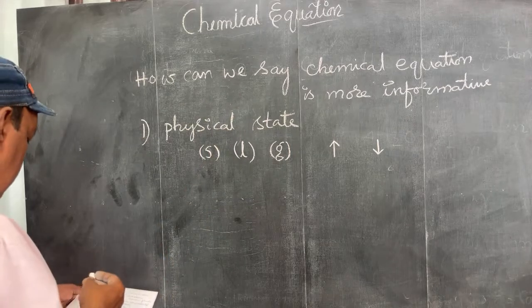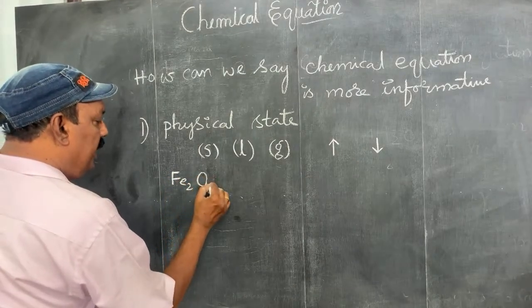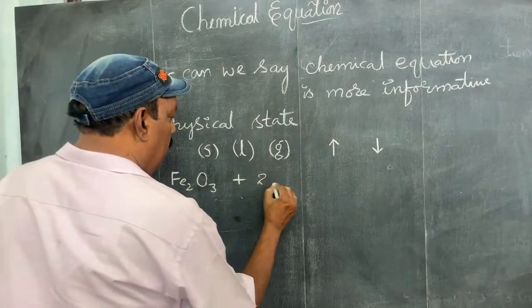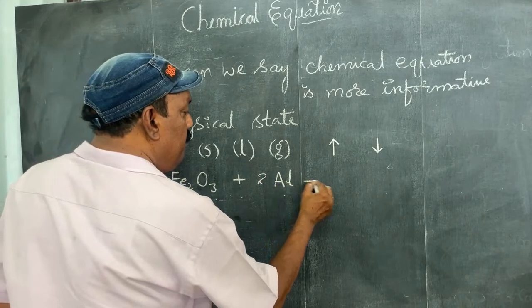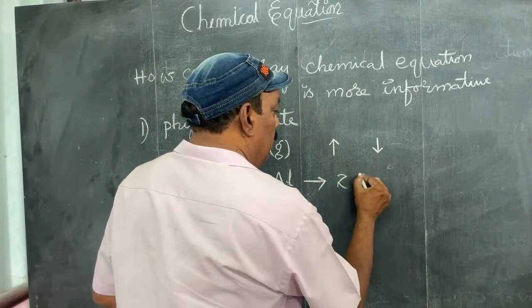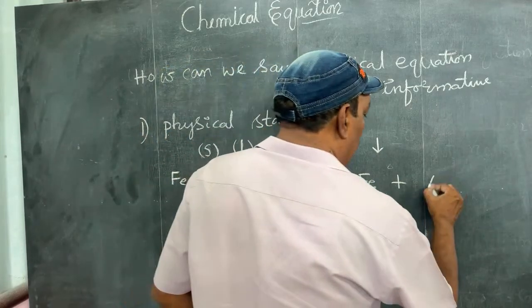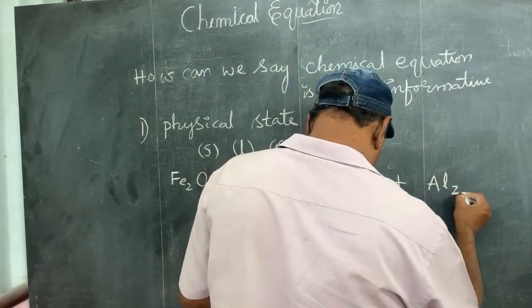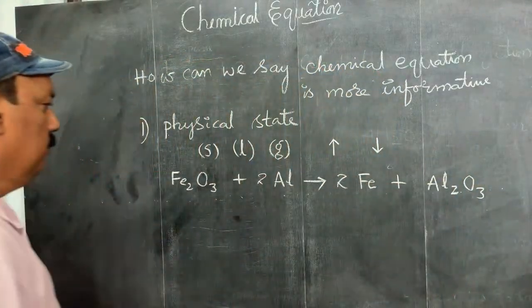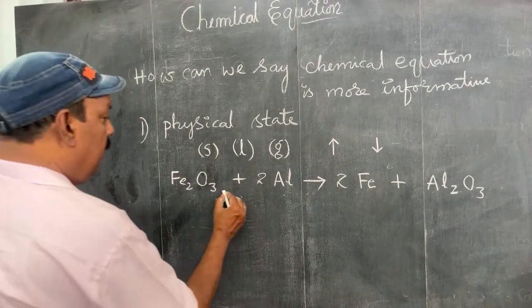If you give this kind of information, the chemical equation is more informative. For example, I will give you one: Fe2O3 plus 2 molecules of aluminum gives rise to Fe plus Al2O3.